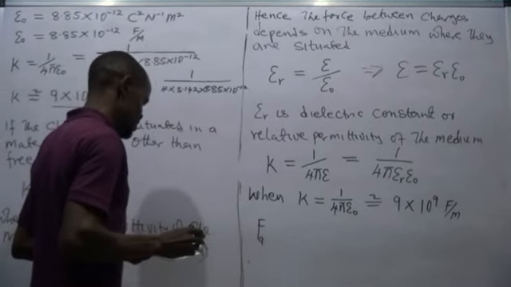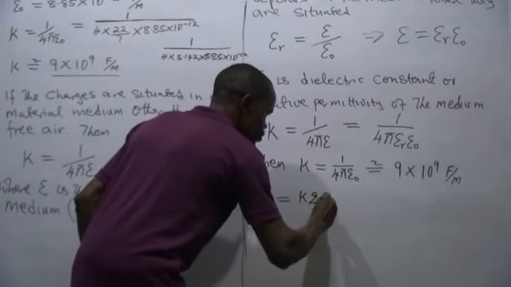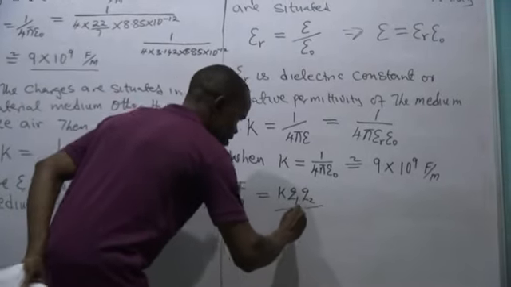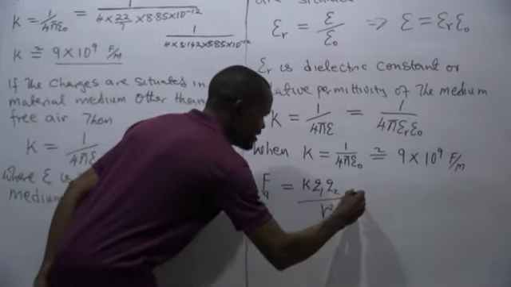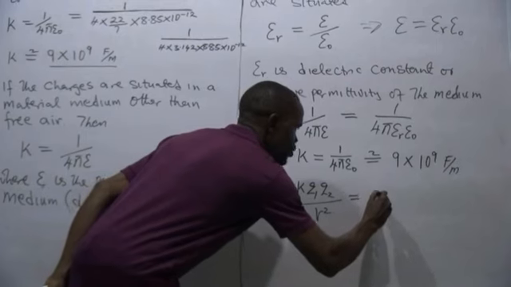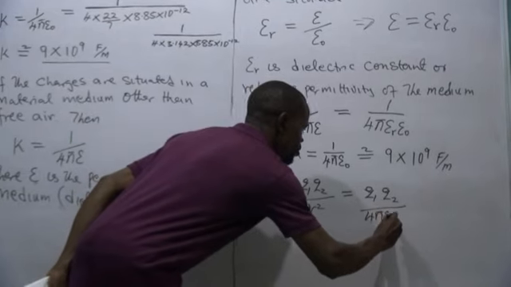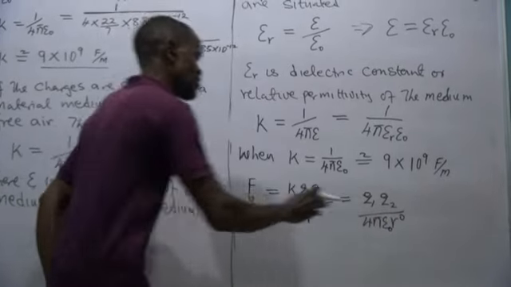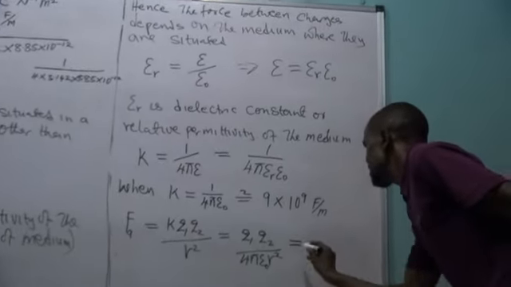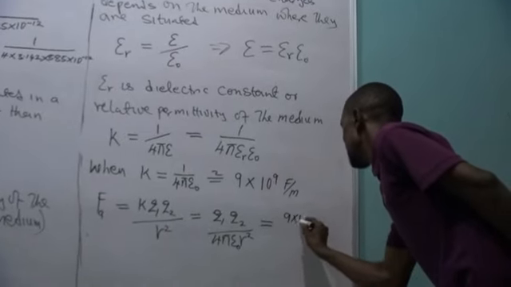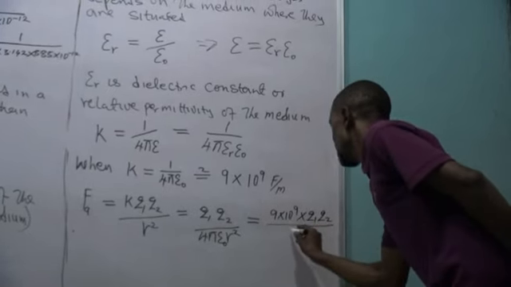FA is equal to K Q1 Q2 all over R squared. Then I can say that this is equal to Q1 Q2 all over 4 pi epsilon o R squared, and this is the same thing as 9 times 10 raised to the power 9 times Q1 Q2 all over R squared.